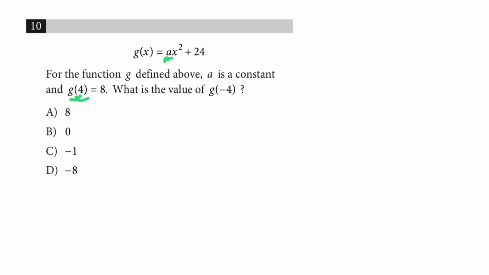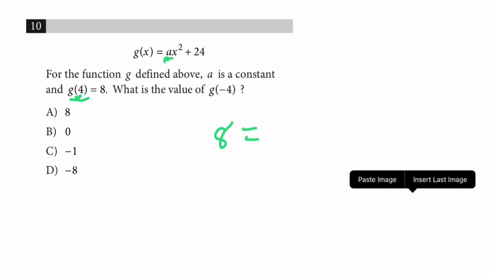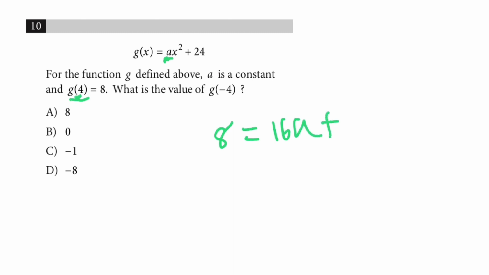So basically, let's take g of 4, which is 8. We can say 8 is equal to, and plug in the 4 here. We'll get that 16a plus 24 is equal to 8. Now let's plug in negative 4. It's going to be the same thing, but we'll just put g of negative 4 because it's a mystery value to us. We don't know if it's 8, whatever it is.